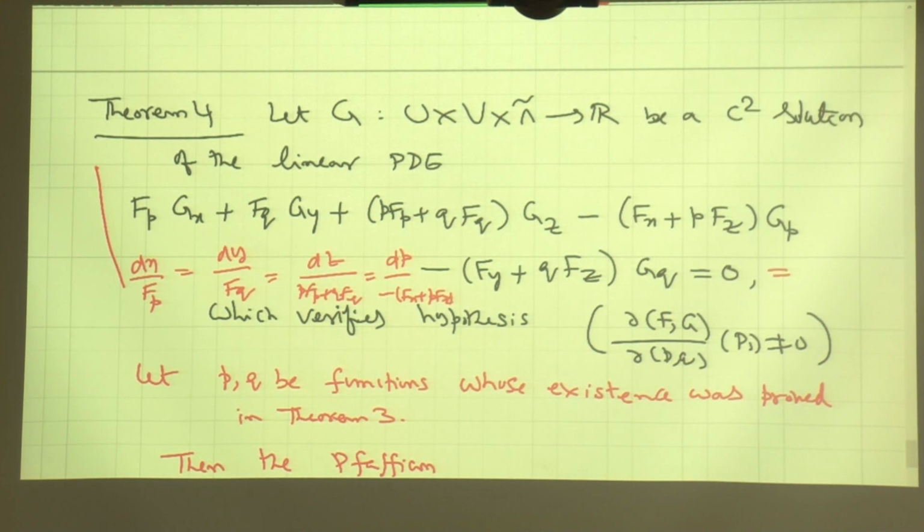And the last equation is dq by whoever is here, minus (f_y + q f_z). These are the famous Charpit's equations that every PDE book writes.